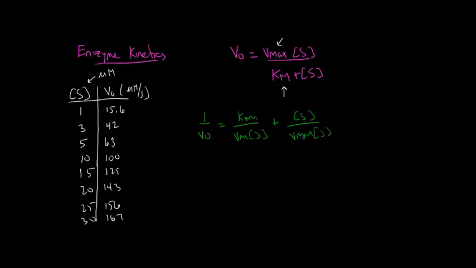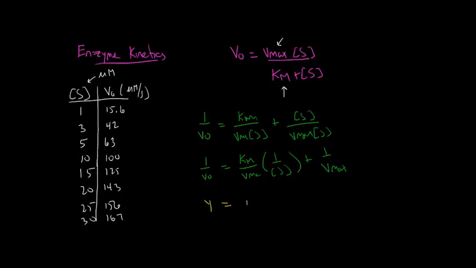And this simplifies to 1 over V naught equals Km divided by Vmax times 1 over the concentration of substrate plus 1 over Vmax.